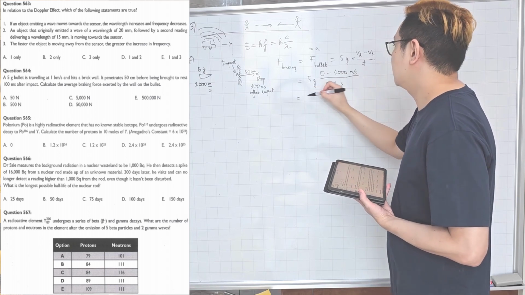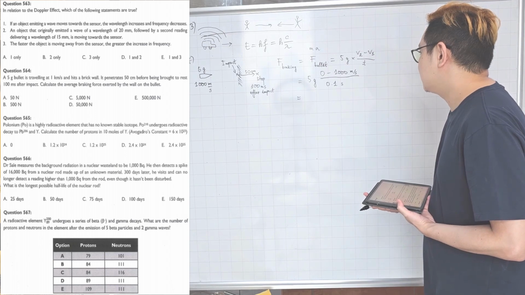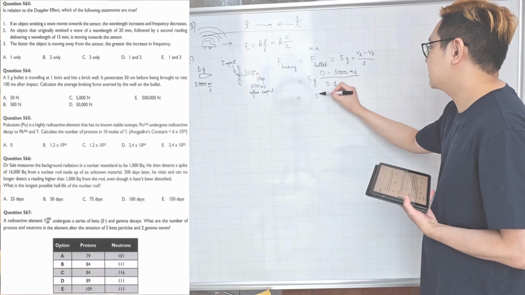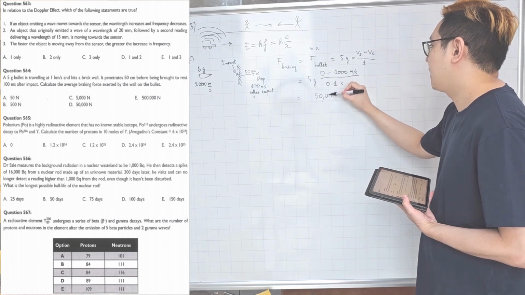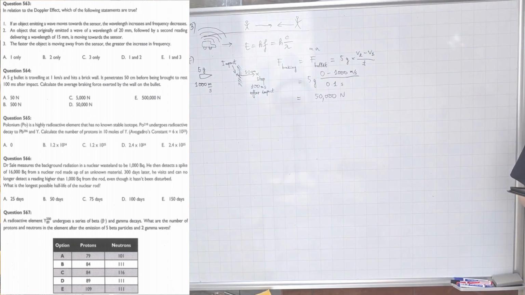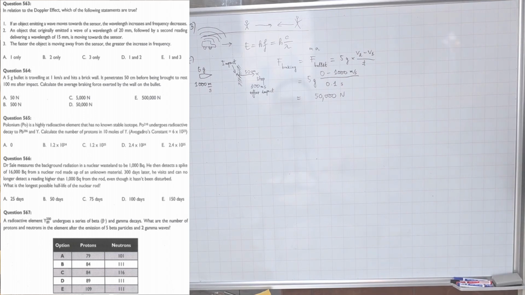So what is the answer? It's 5,000 divided by 0.1. It's going to be 50,000 Newton, isn't it? Is it D? Is that A? Interesting. A?